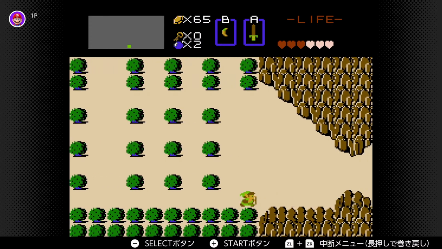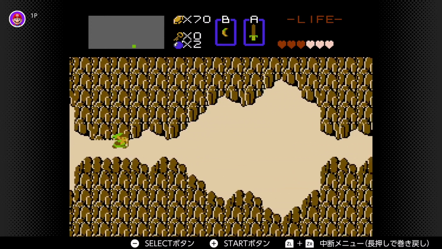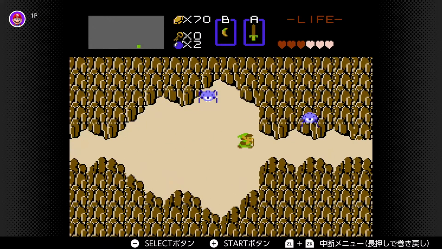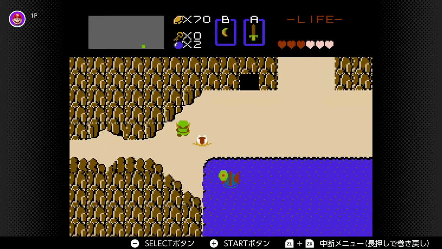Let's avoid the Octorok projectiles. Let's defeat the Tektites. Okay. Let's continue.